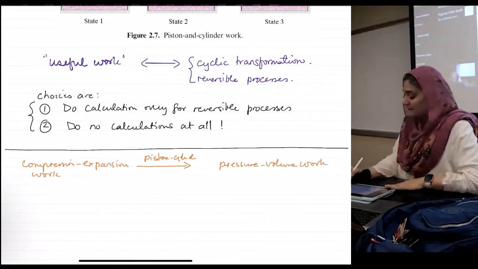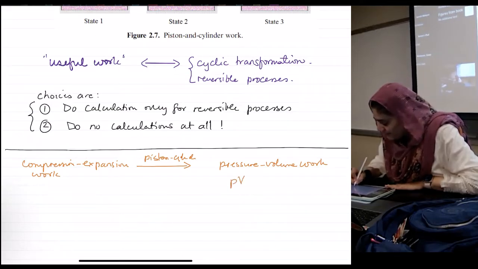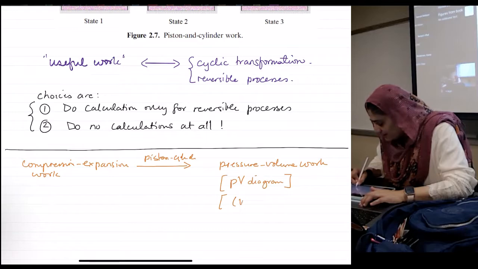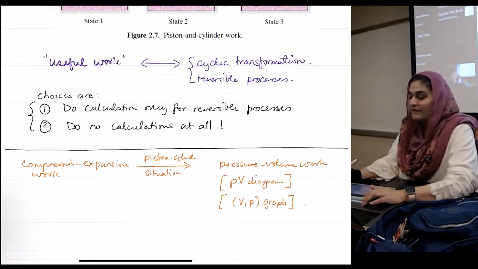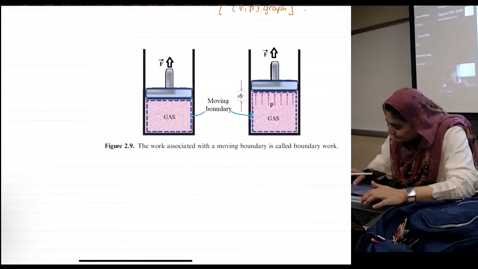So you will see it written like small p, big V diagram, or you will see it written as VP on a graph. And we'll discuss this in a second. Okay, here we go.